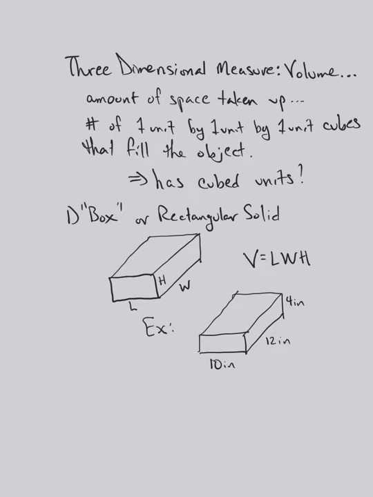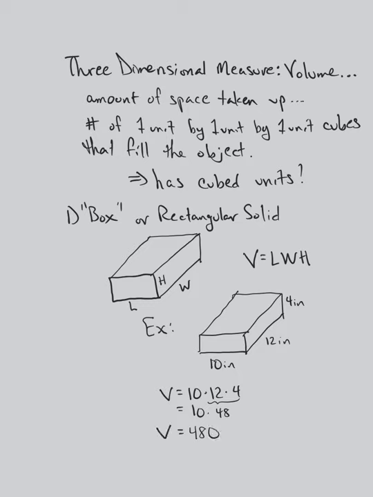If I wanted to get the volume, I just multiply the 3 dimensions. So I have 10 times 12 times 4. Notice it's easier for me to multiply these two and then multiply by 10, so I can do that by the associative property. So I got 10 times 48, that would be 480.